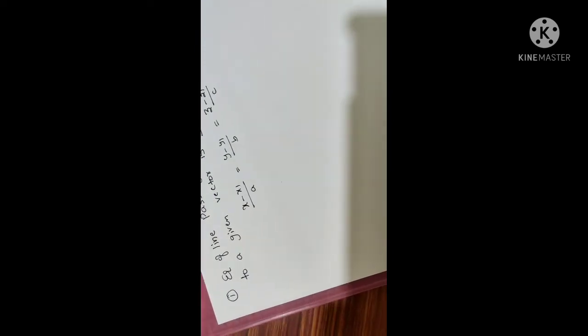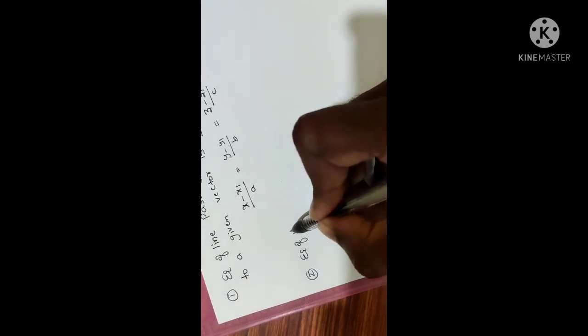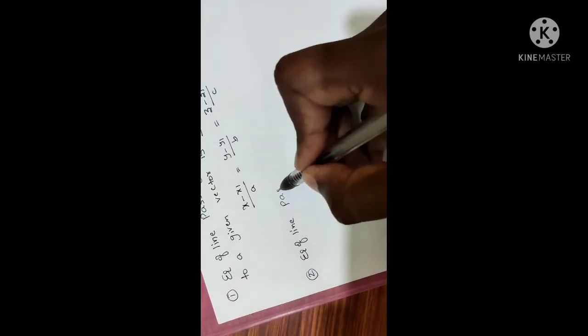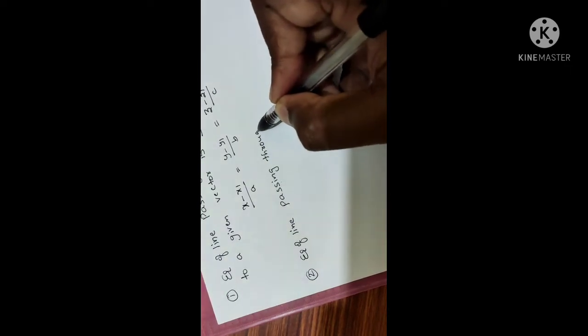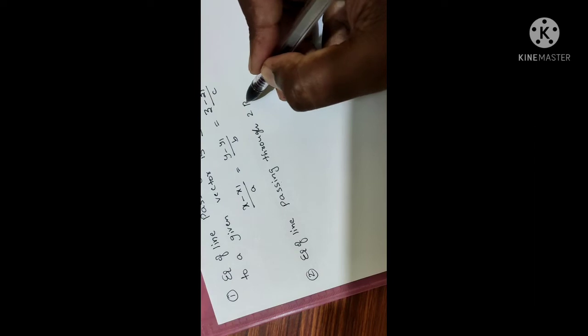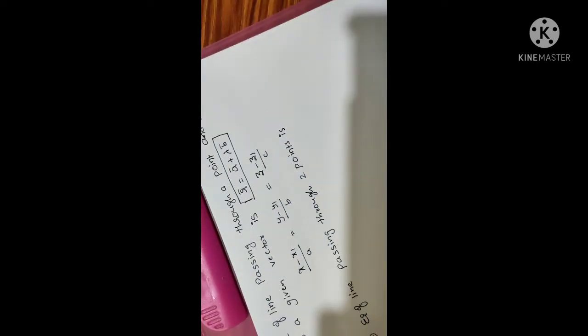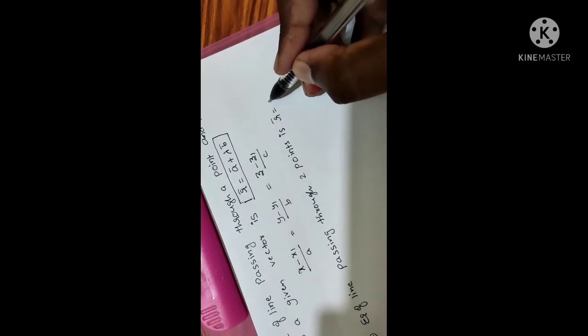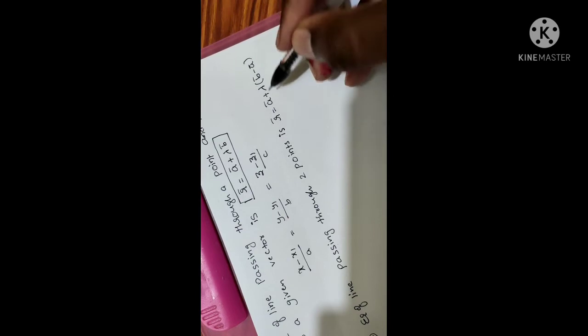Okay. Next, second point, equation of line passing through two points is, first, vector form: r bar equals a bar plus lambda into b bar minus a bar.